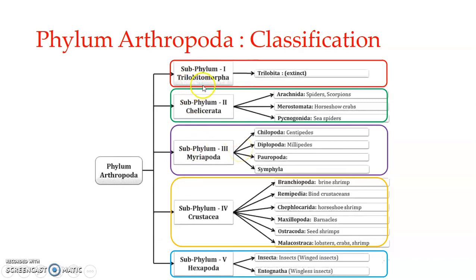Subphylum Trilobitomorpha: the term has come from tri, which means 3, lobito, which refers to the lobe, and morpha, form. Here the body of the Trilobitomorpha is divided into 3 lobes by way of longitudinal furrows. Longitudinal in the sense that they extend from the anterior to the posterior end.